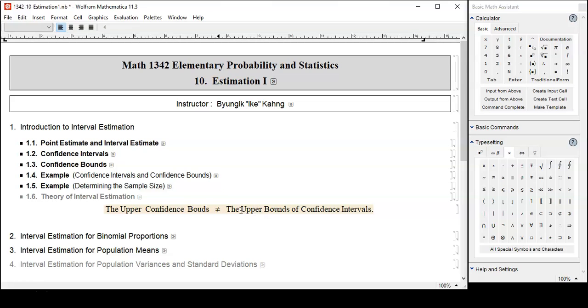The upper confidence bounds versus the upper bounds of confidence intervals. They're not the same, they're different.